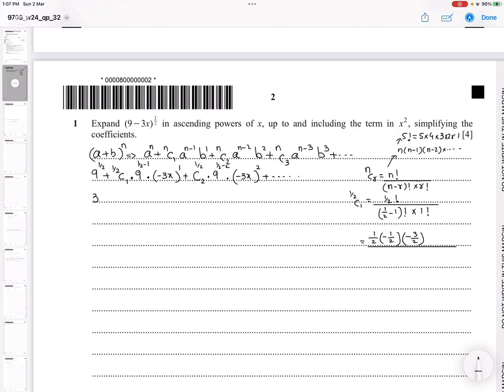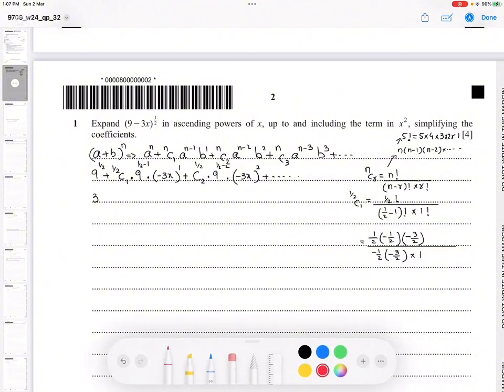So 1 over 2 minus 1 means minus 1 over 2, and its factorial is minus 3 over 2, into factorial of 1 which is 1.